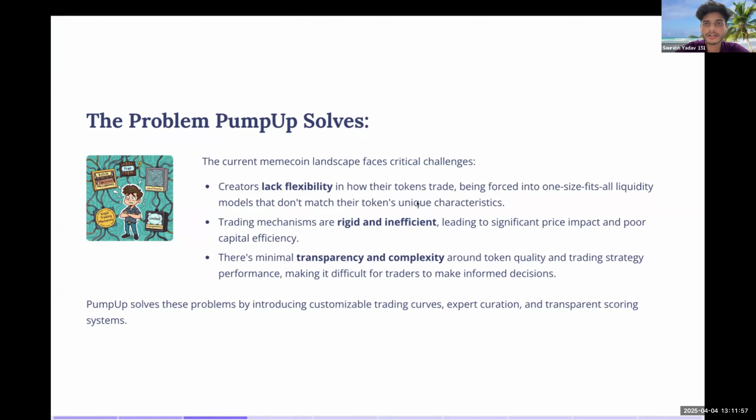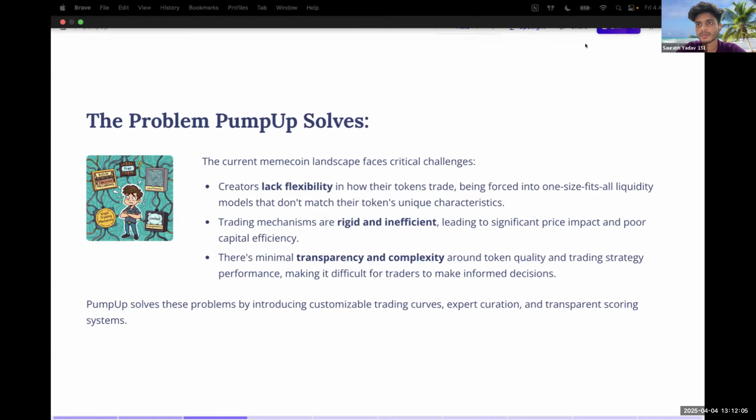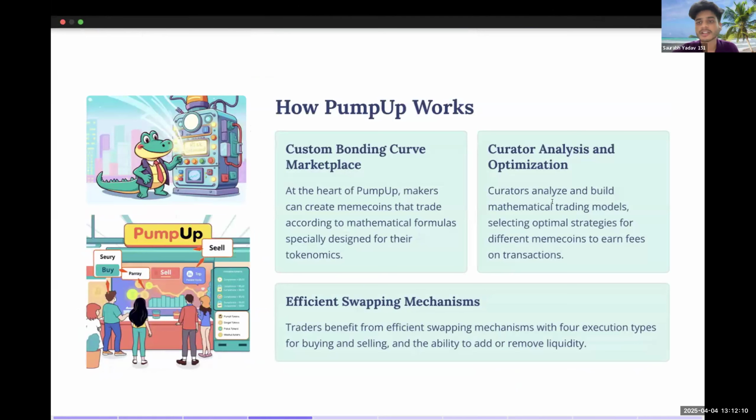So here comes the Pump Up marketplace, where makers can create these meme coins that trade on custom mathematical formulas built by curators, and curators can also earn fees on any transaction that follows their curve logic.